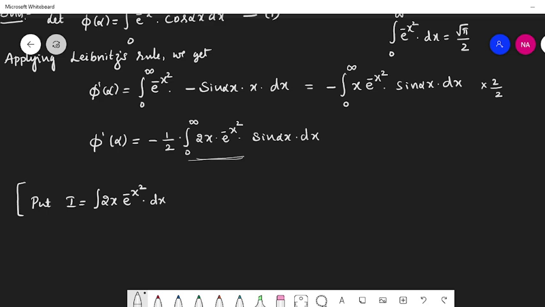If you use the substitution method, put t equal to x square, then dt will be 2x dx. So I equal to integral e power minus t dt. Integrating, that is minus e power minus t.